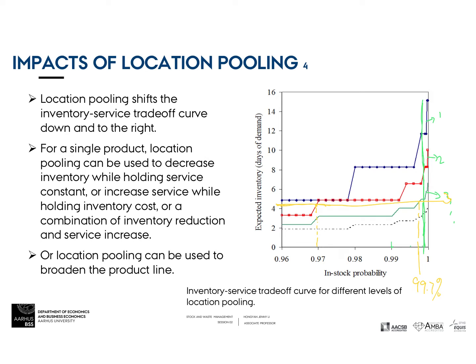So, service levels. In these things we see we shifted down and to the right. We can further explain that for a single product, location pooling can be used to decrease inventory while holding service constant, for example this green line, or increase service while holding inventory cost constant, this orange line, or a combination of inventory reduction and service increase.